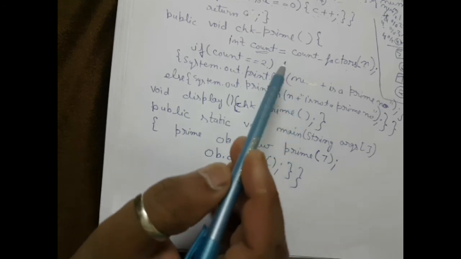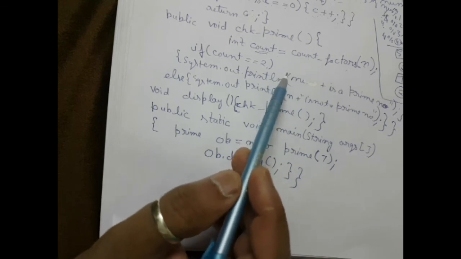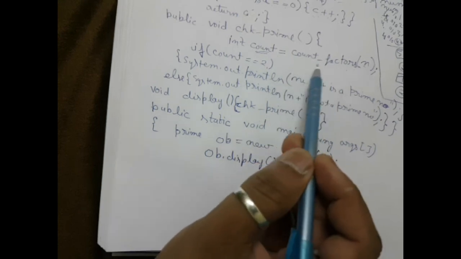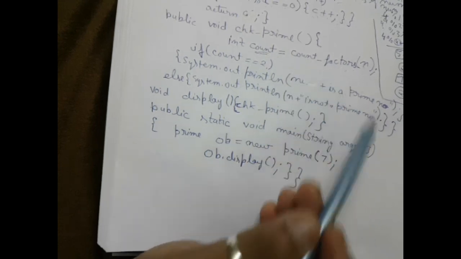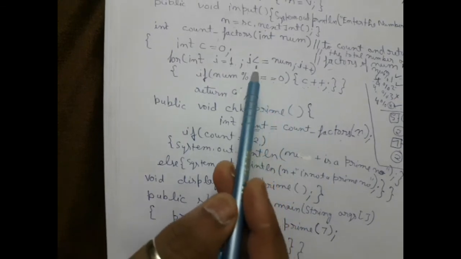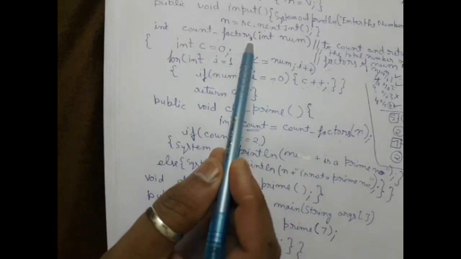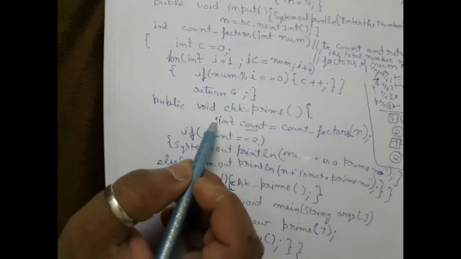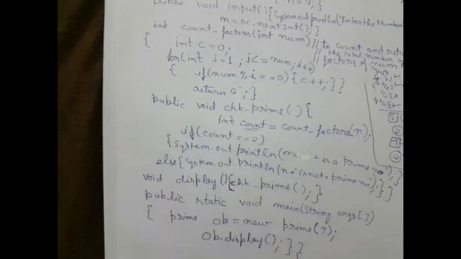When I call chk_prime, it has got another call for count_factors, which is defined here. So a kind of chain is here. Please practice it again and again to have a better understanding of this program. Thanks everyone.